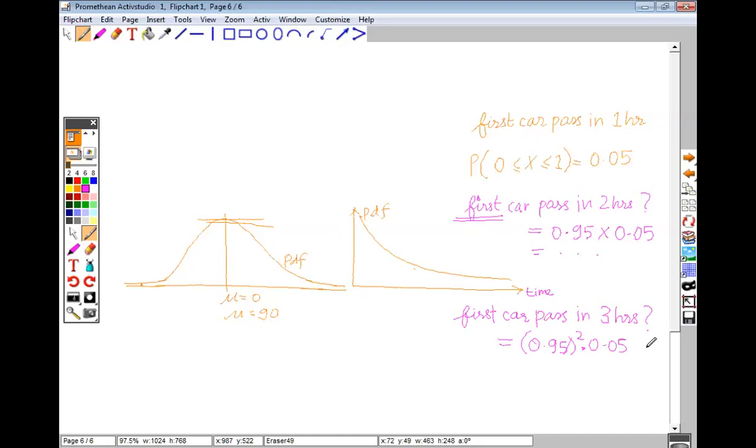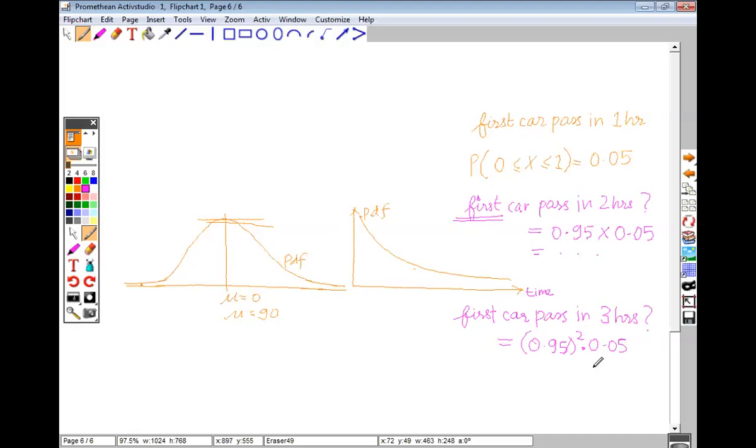So what's happening is 0.95's power is increasing, right? The index for 0.95 is increasing by 1 as we pass time by 1 single unit. So for each successive hour, we are increasing the power of 0.95 here.